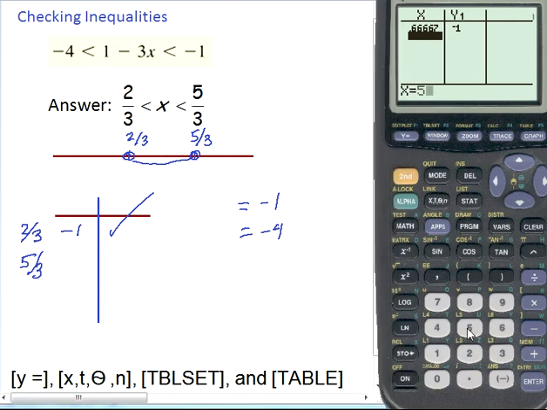And then hopefully we'll get -4 for 5/3. Let's enter 5/3 next. 5 divided by 3, and hit enter, and we get -4.